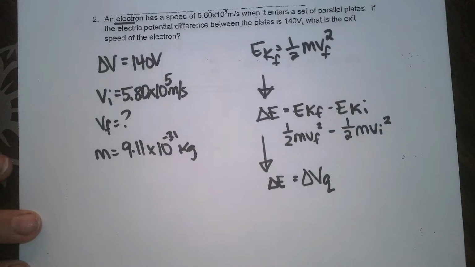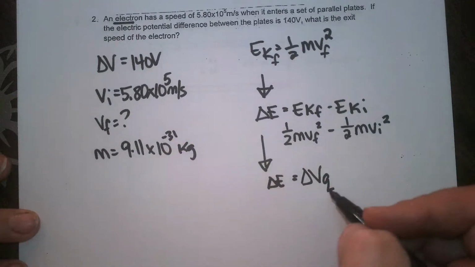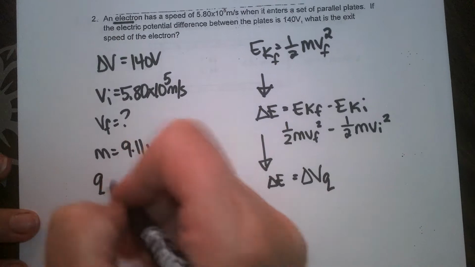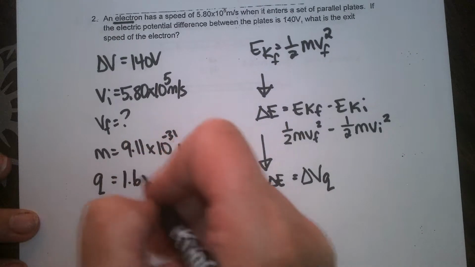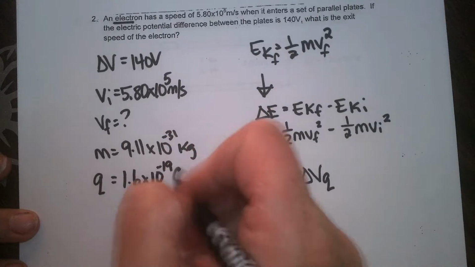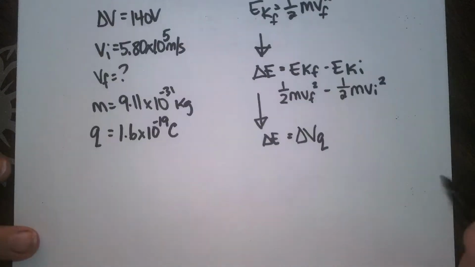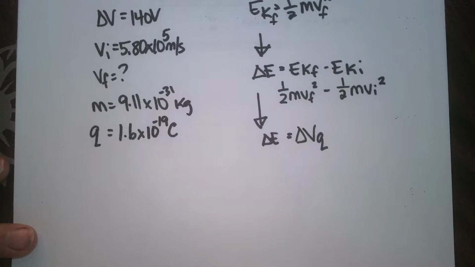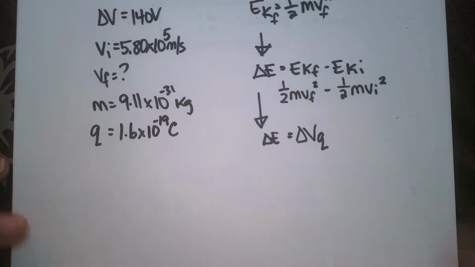What's my Q? It's the Q of an electron, which is? Yep, you're correct. Oh, that happens to be the same number, actually. But one's in joules and one's in coulombs. Okay, so let's work backwards.